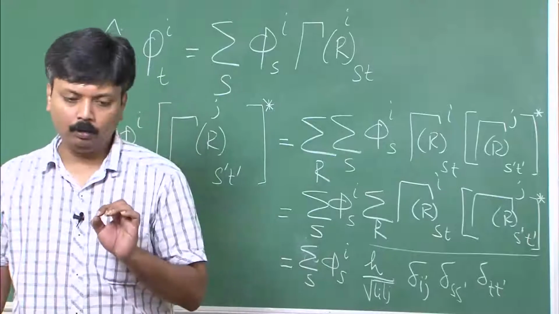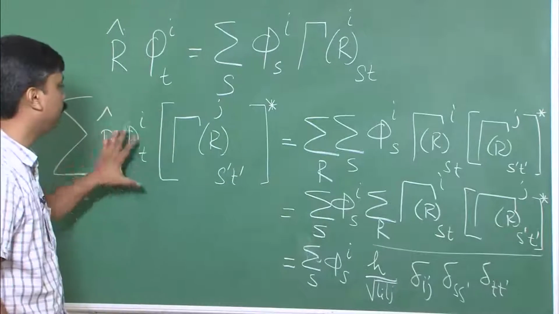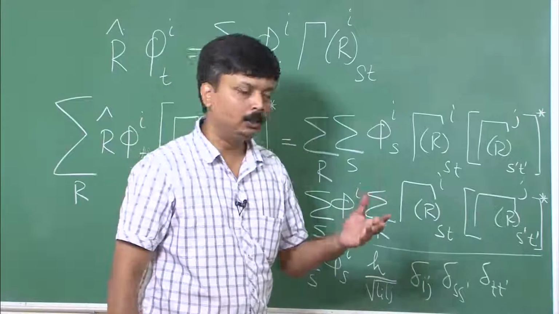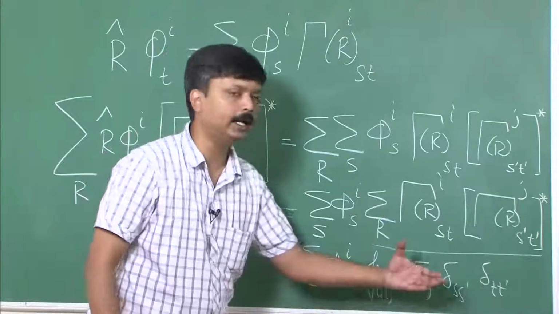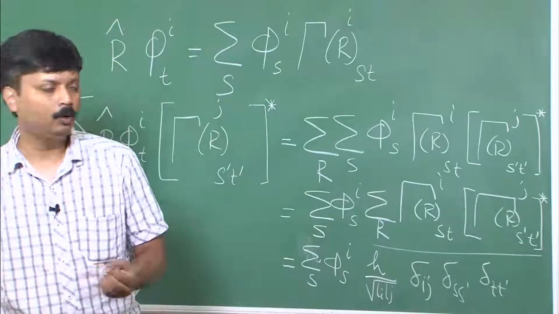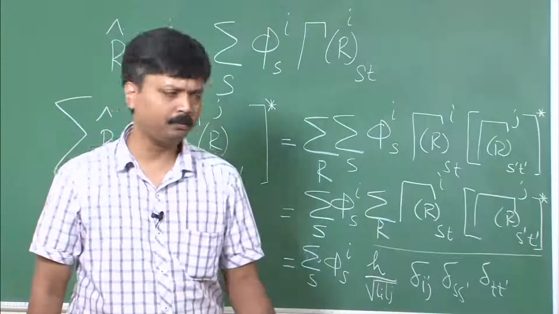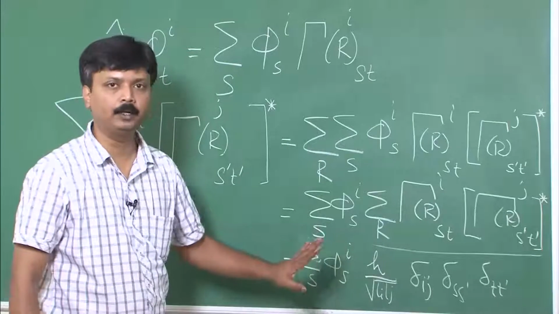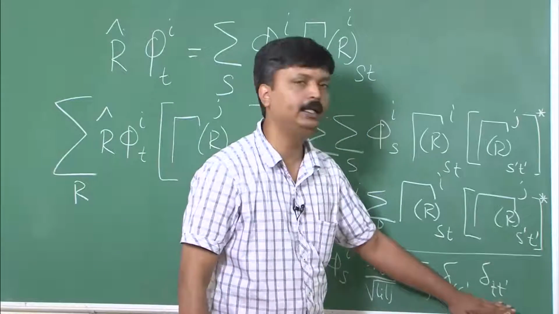So if I operate this operator on this particular function phi t for an ith irreducible representation, then I will have this right hand side having non-zero value only when s is equal to s prime. So I will get phi s prime here with two more delta functions, delta ij and delta t t prime.